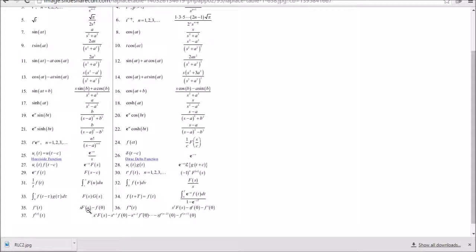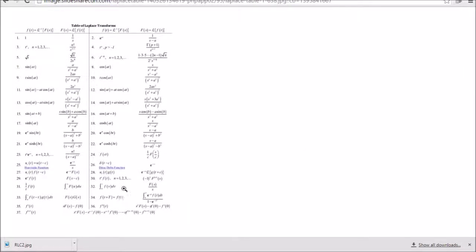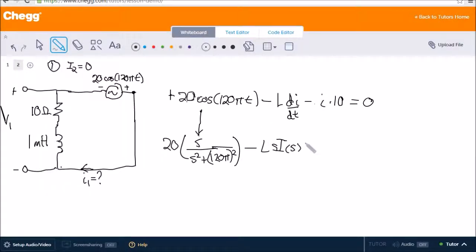So that'll be s times our function in the frequency domain, which the capital I means we're in the frequency domain, lowercase i means we're in the time domain, minus our function in the time domain at time 0, which is actually the value right before we close the switch. So we should say time 0 minus.